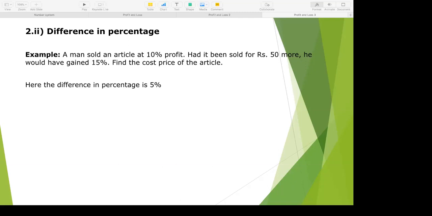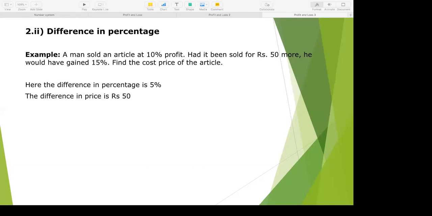So in one scenario, we have a 10% profit. In another scenario, we would have 15% profit. So the difference in percentage is nothing but 15 minus 10, which is 5%. But for this difference in percentage, what is the difference in actual price? According to the question, it is 50 rupees.